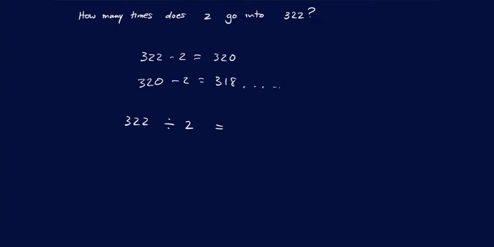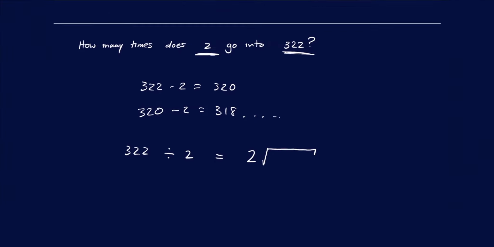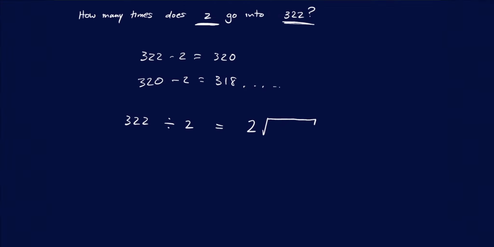We want to write the denominator, which is 2, on the outside, and then draw a long division symbol, which looks exactly like this. And then on the inside of this symbol, we want to write the numerator, which is 322. And that's the number which we're going to take away from. So we have 2 and 322.